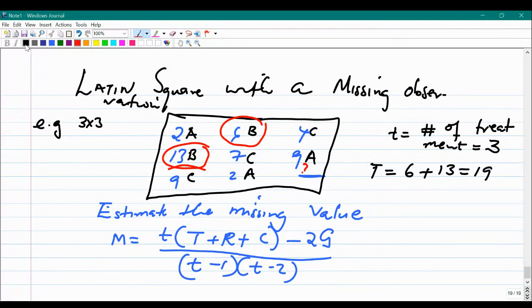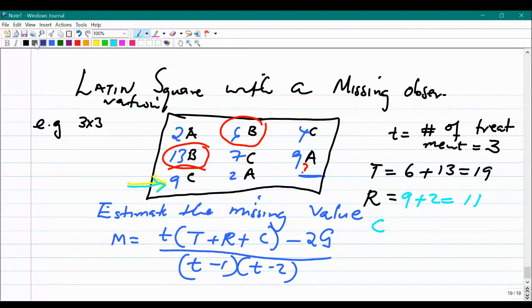And then we move to R. This is the row where we have a missing observation. What is the value there? 9 plus 2 is 11.